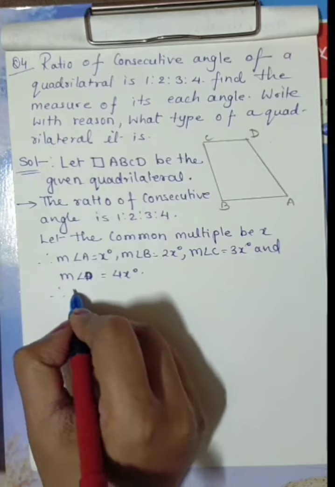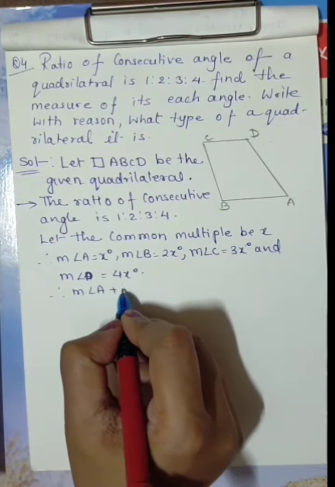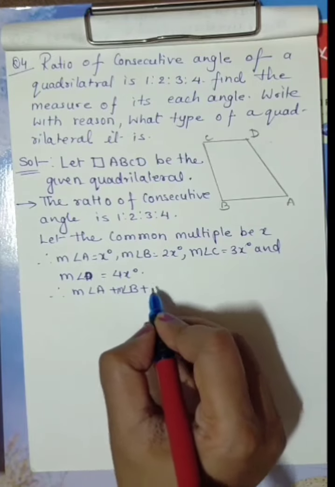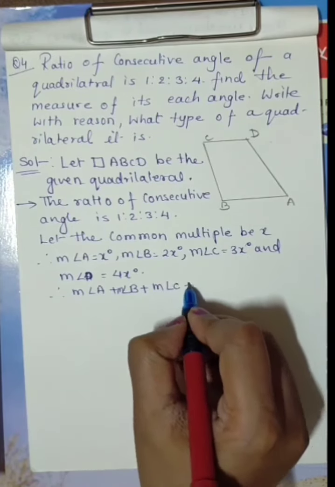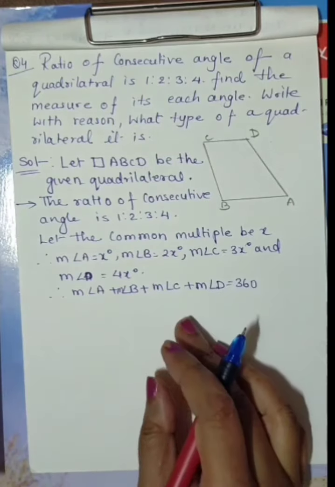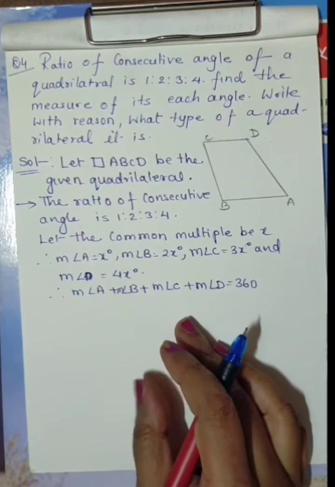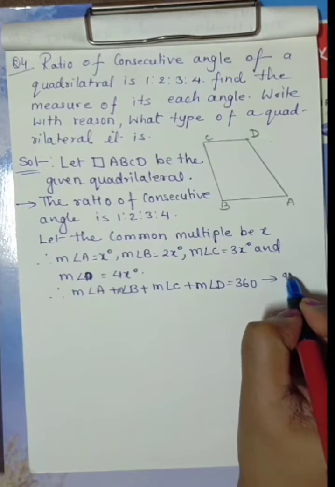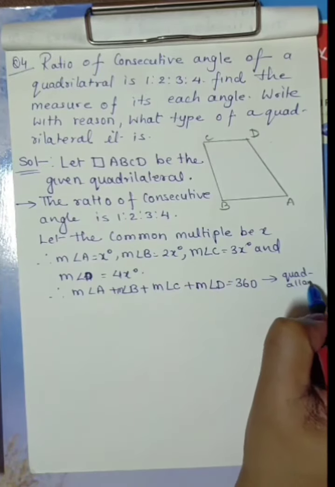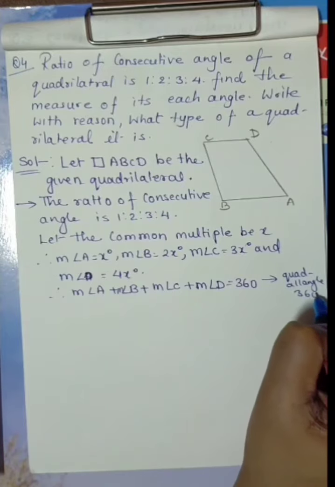So we are going to write measure angle A plus measure angle B plus measure angle C plus measure angle D is equal to 360. Why? Because the sum of all angles of a quadrilateral is 360.